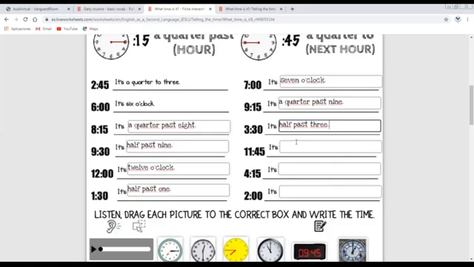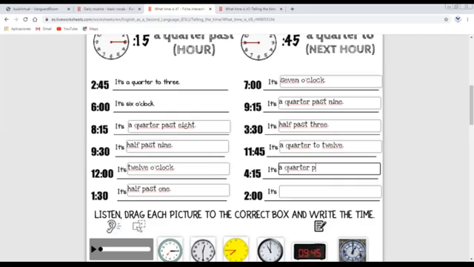Next, what's the time? It's a quarter to 12. Next, what's the time?